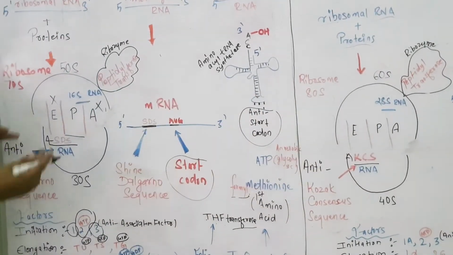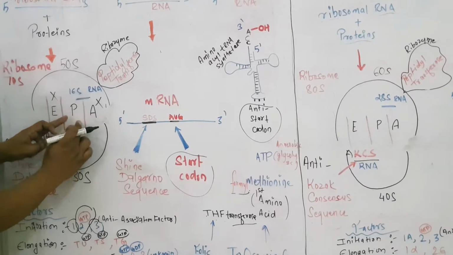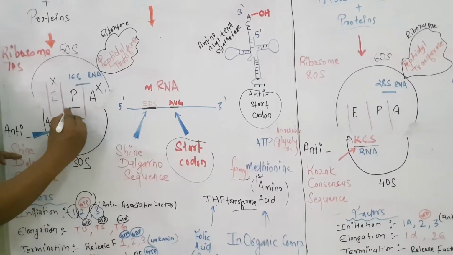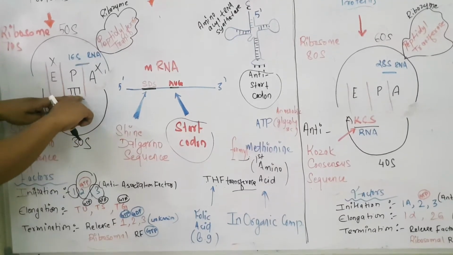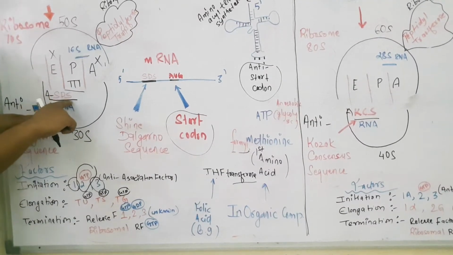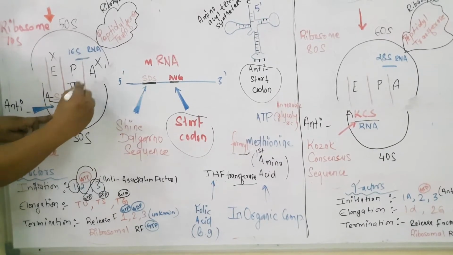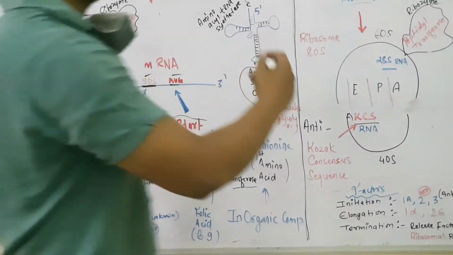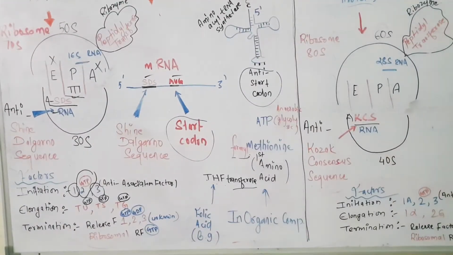Okay. Now, once your tRNA is seated over here, because this tRNA has an anti-start codon as well as this small subunit has an anti-Shine-Dalgarno sequence, both of these have affinity for the mRNA. It is the same in eukaryotes, right?